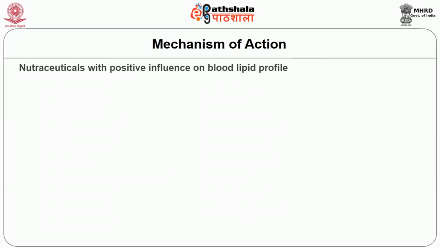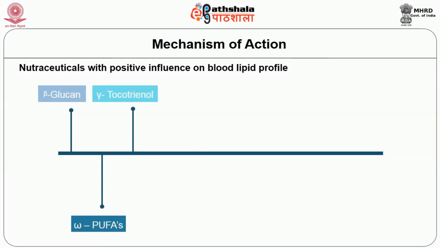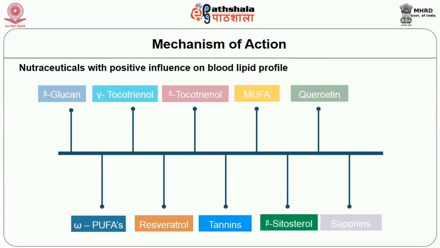Next, we will see about some nutraceuticals which have a positive influence on blood lipid profile. Can you give me one example of one nutraceutical which has a positive effect on lipid? Yes, beta glucan. And can you give me the source of beta glucan? Yes, oats is a good source of beta glucan, and this has a very good effect on reducing the blood lipid profile.